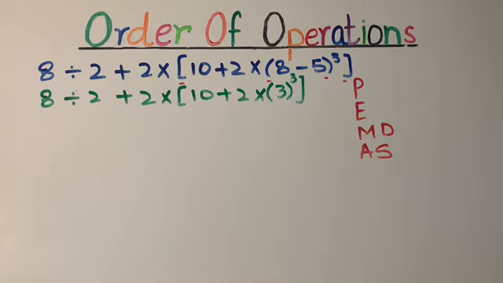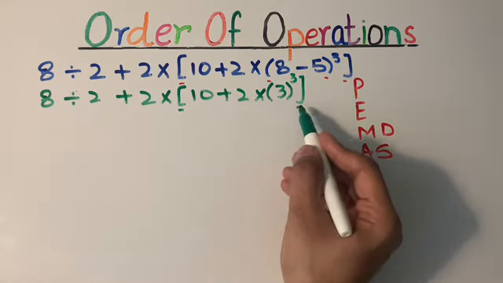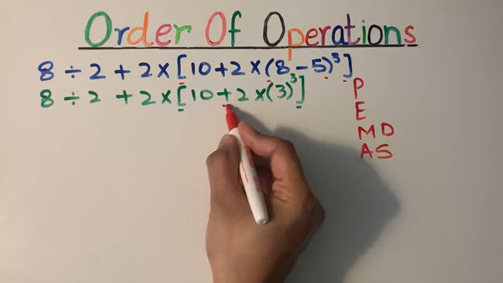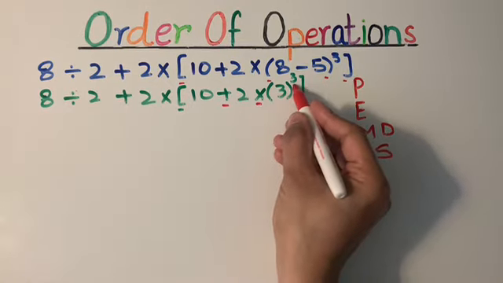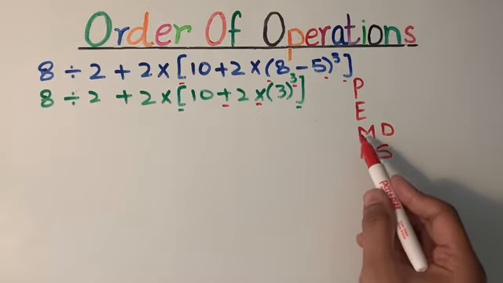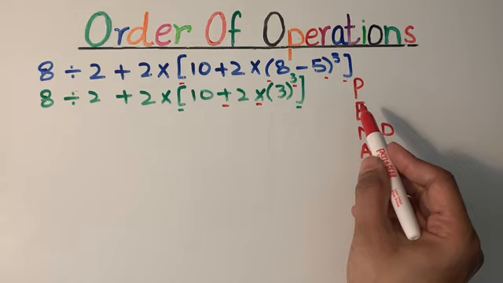Okay, so now comes the turn of this bracket, and in this bracket we have three operations: addition, multiplication, and exponent. PEMDAS says that exponent has the higher priority.